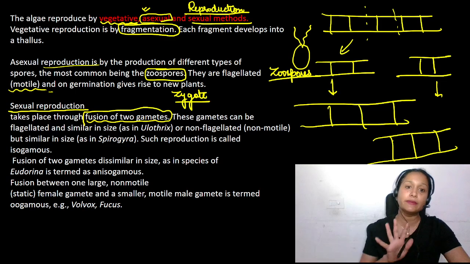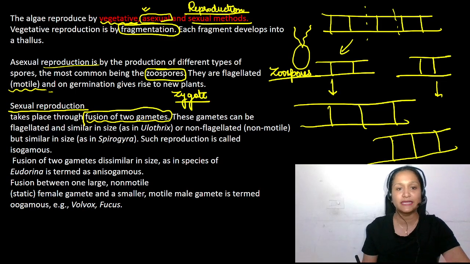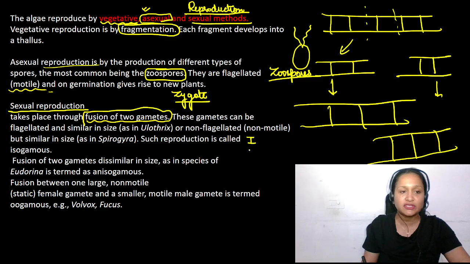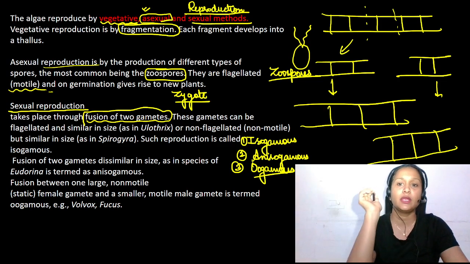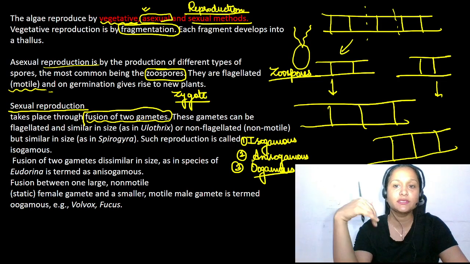So you have to remember the examples, right? First one, let's talk about the first one. First reproduction is isogamous type. Number two, anisogamous. And number three, oogamous.